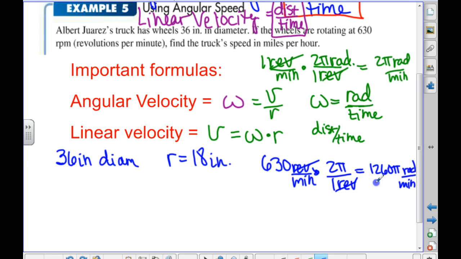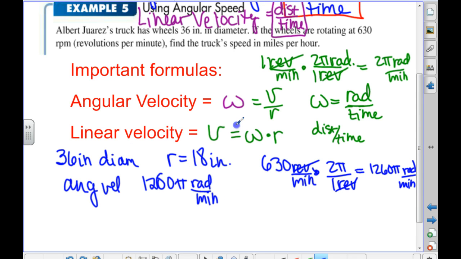What kind of a velocity is radians per minute? Look further up on this page. What's radians per time? Angular. So the angular velocity of his tire is 1260 pi radians per minute.